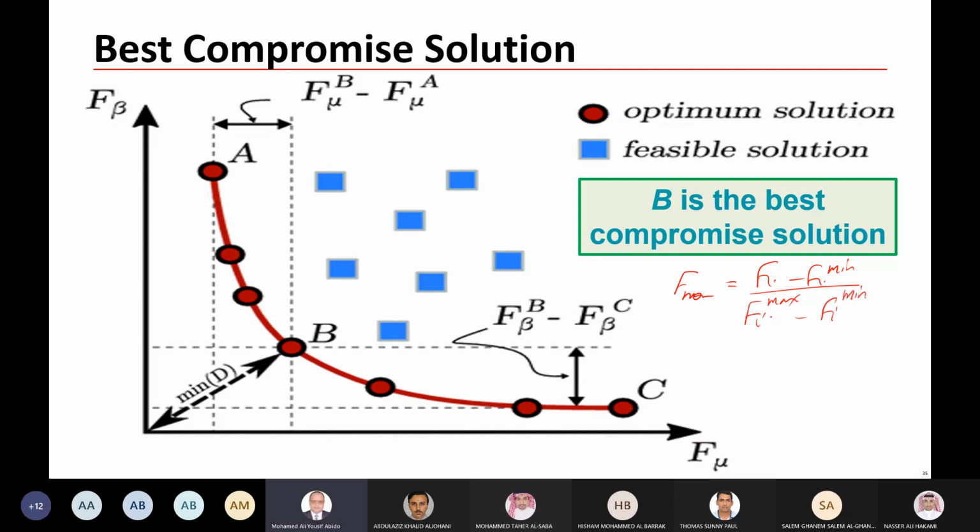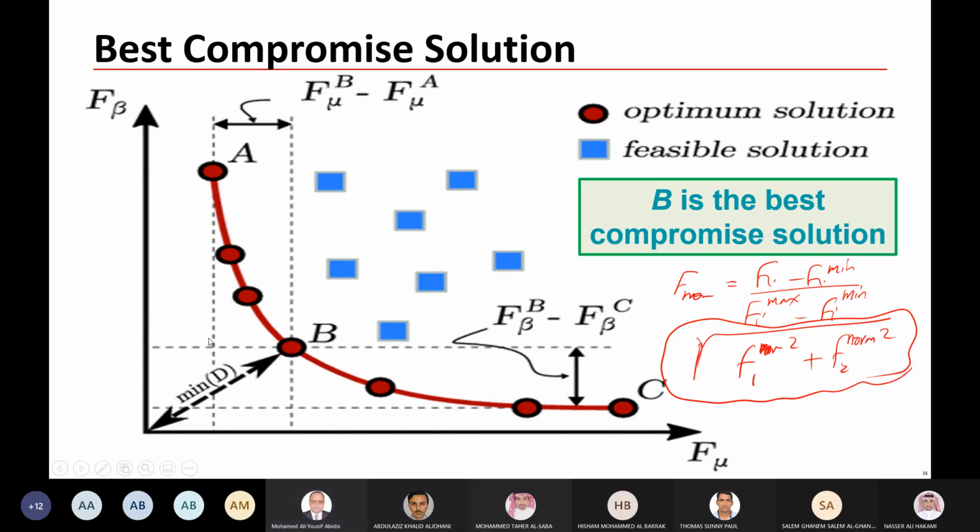So you convert each objective to between 0 and 1, then you can get the distance to the origin, which is the square root of f1 normalized square plus f2 normalized square. So this is the distance to the origin. So you can also get the best compromise solution using this simple concept. Is it clear?